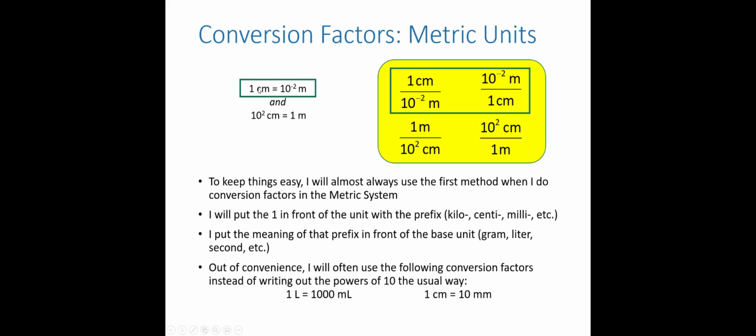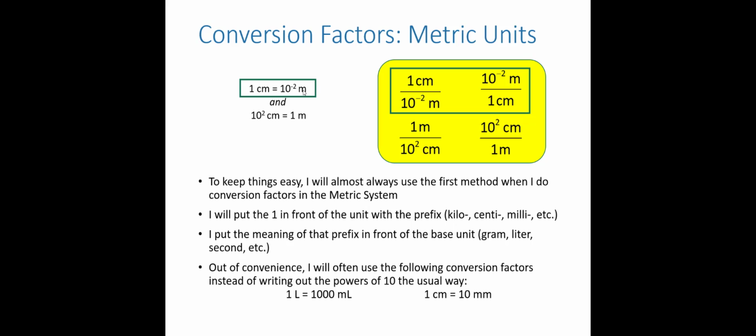And that is, when I have a prefixed unit and its base unit, so centimeters, meters, or millimeters, meters, or milliseconds, seconds. So whenever I have any of those kinds of things, I always prefer to put 1 in front of the unit with the prefix. And then what the prefix means on the other side.